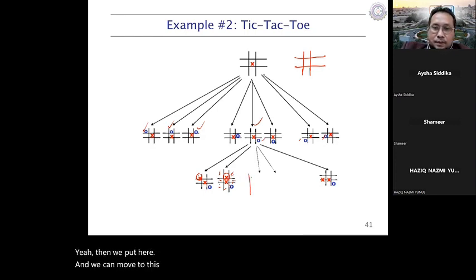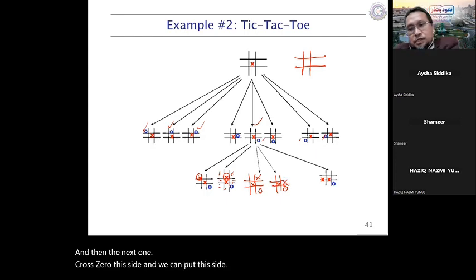For example, the next one. This is the original. Here, and then we can put this one in the middle and this side, and then the next one, cross 0 on this side, and we can put this side also.